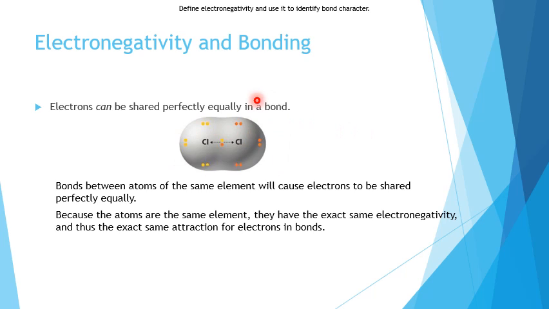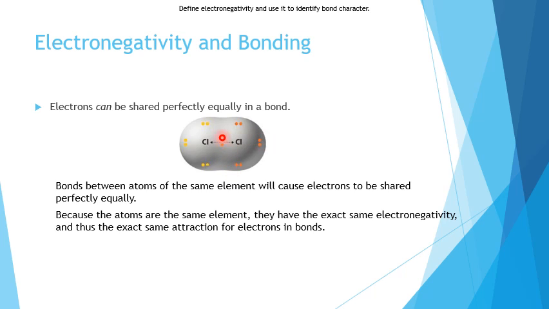So if you look up here at this picture, the diagram of this bond between chlorine, this pair of electrons here in the middle, I know it's kind of hard to see there, the yellow and the orange dots, is getting pulled equally in both directions by the chlorine. Now, one thing that we want to clear up here, which this picture doesn't do a great job of showing, is these electrons that are being shared here in the middle, they're not actually stuck directly in between the atoms.